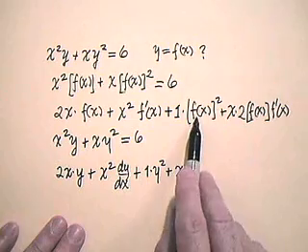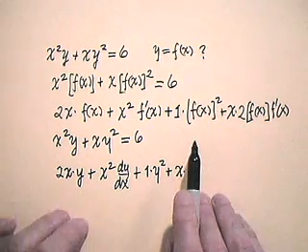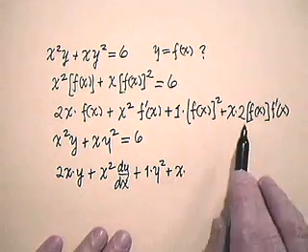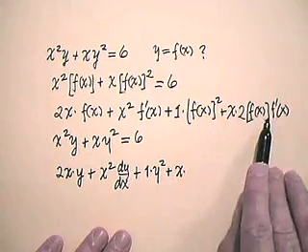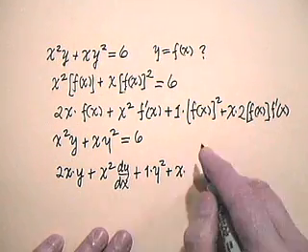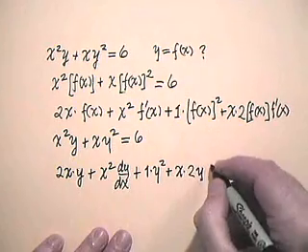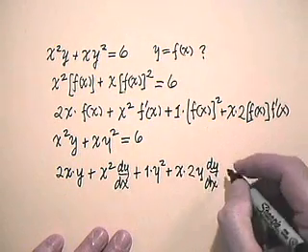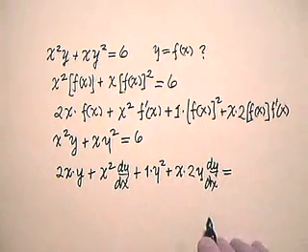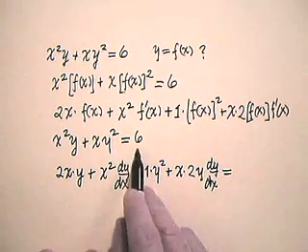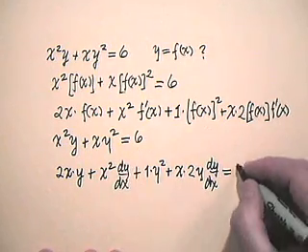Remember, the y squared is the f of x squared, so when I differentiate it, that becomes, by the chain rule, 2 f of x f prime of x, or in this case, 2y dy dx. And of course, we equate that to the derivative of the right side. That's easy in this case. Derivative of 6 is 0.